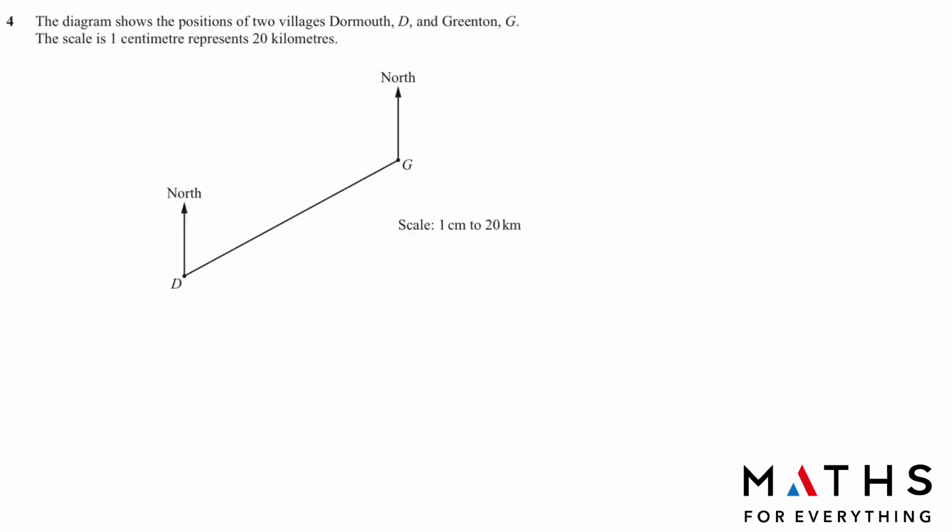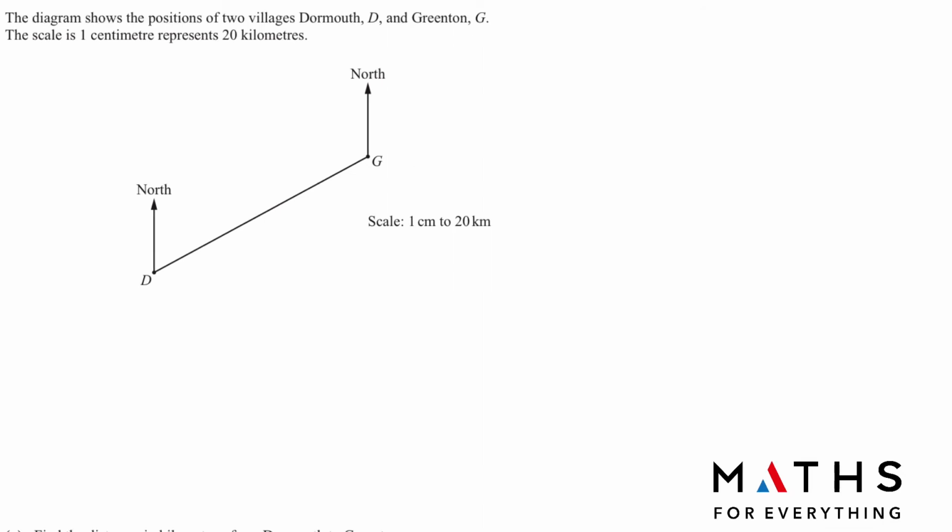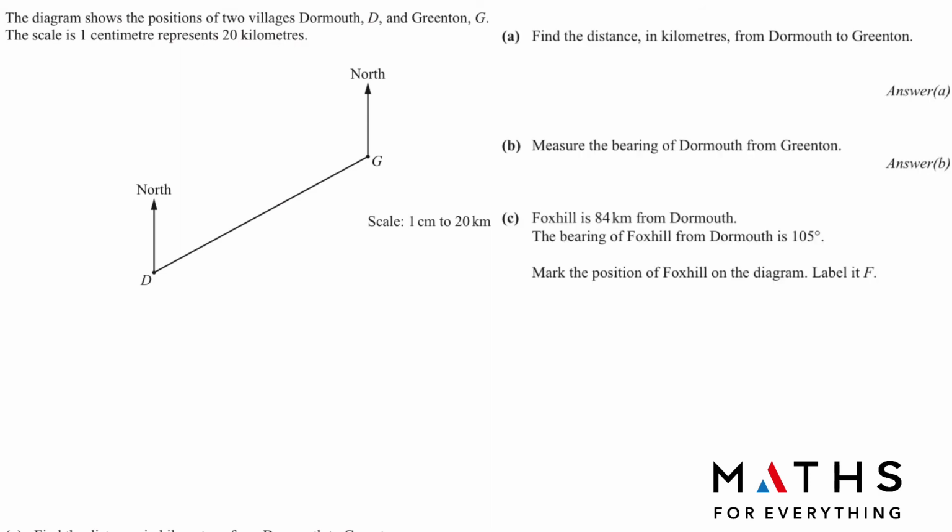Question number 4 is a scale map question. The diagram shows the position of two villages, Dormouth D and Grinton G. The scale is 1 centimeter represents 20 kilometers. A. Find the distance in kilometers from Dormouth to Grinton.